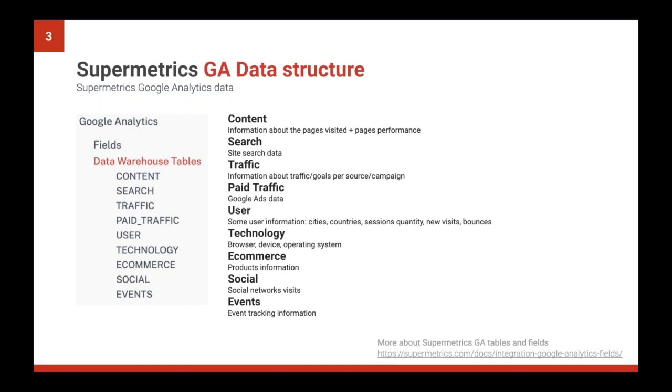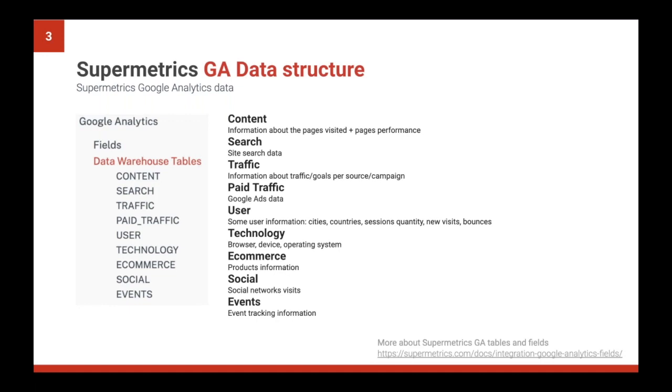So what is the structure of the Supermetrics Google Analytics data in BigQuery? You have tables with content data, which means you see the pages visited and some page performance information. You have a table with site search data. You have a table about the traffic and goals per source and per campaign.